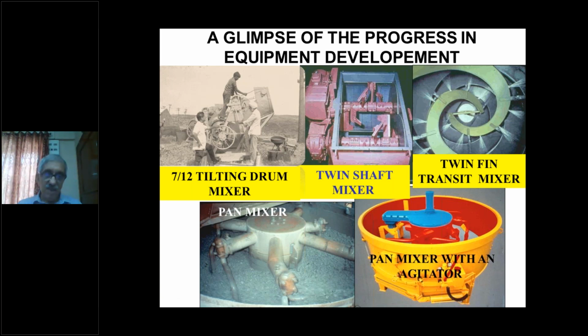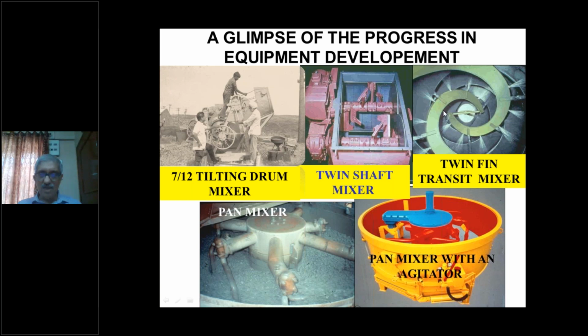Generally, in a single shaft or single fin transit mixer, the fins are all on the periphery of the drum, and it is called a mixer, but it is not a very efficient mixer. We'll deal with it when we come to the discussion on the transit mixer.